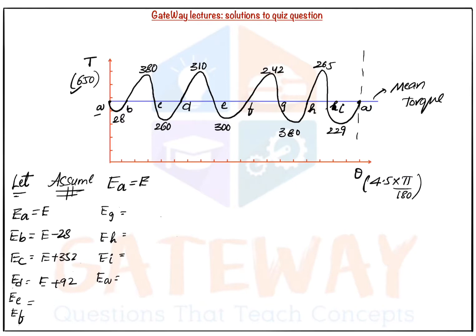Similarly, E at E is E plus 92 plus 310, nothing but 304.